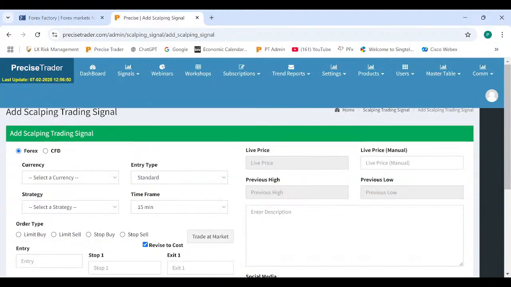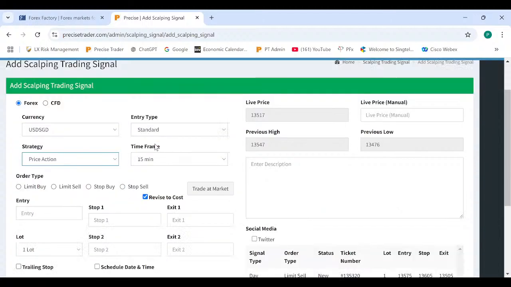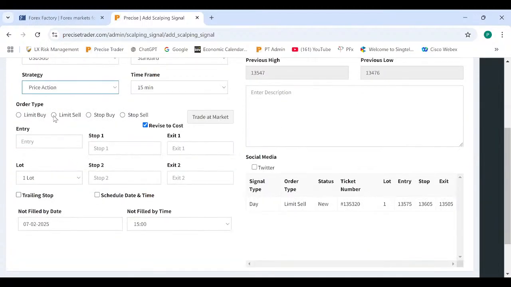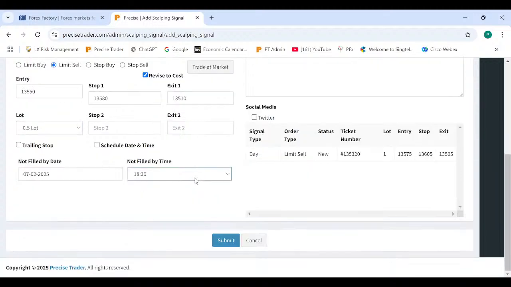So the scalping trade, we can go for 45 or 50. Okay, this is half lot, and this is until the next time belt.